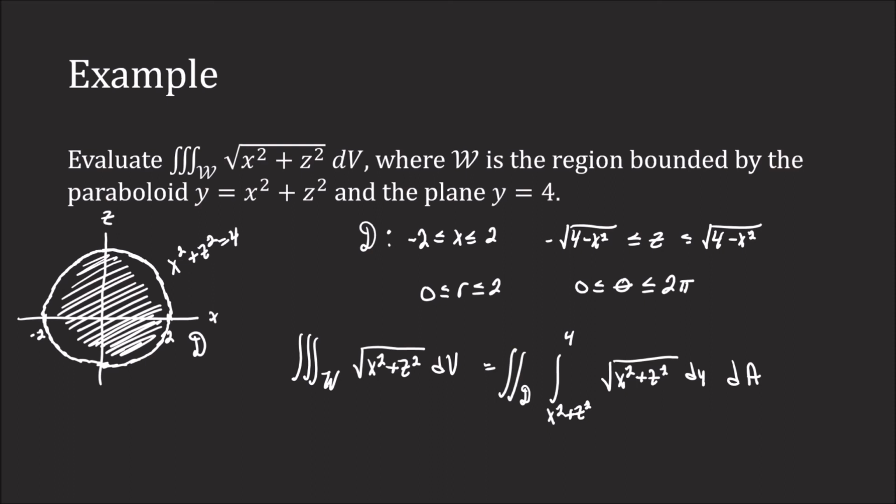When we evaluate this, we'll get the double integral over our domain D of y times the square root of x squared plus z squared, right? And then y, of course, goes from x squared plus z squared to 4.